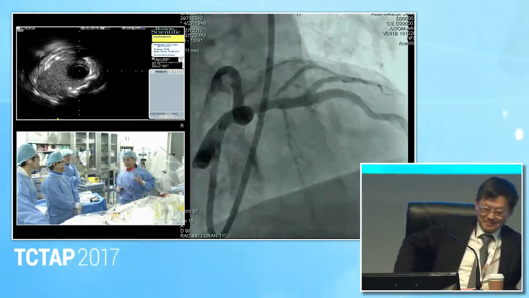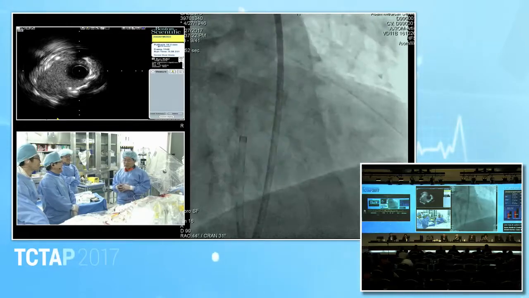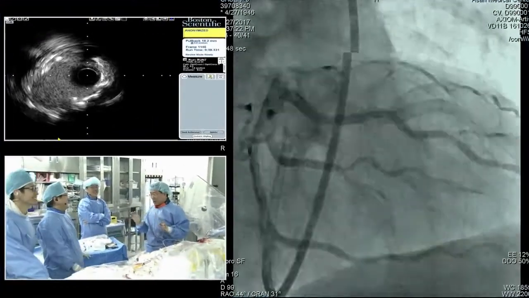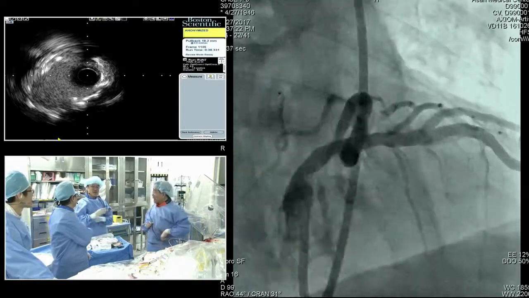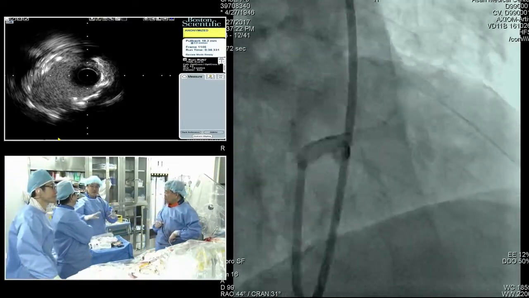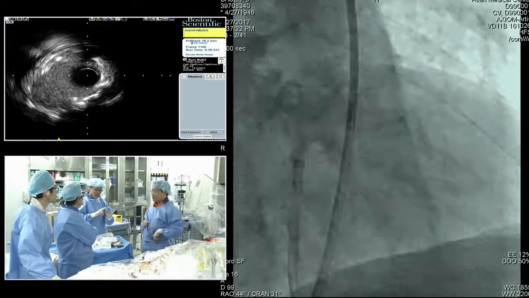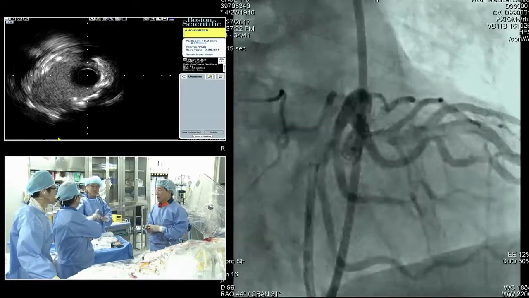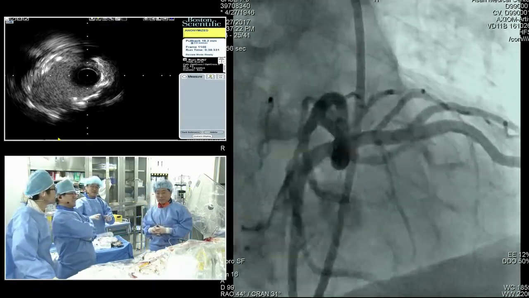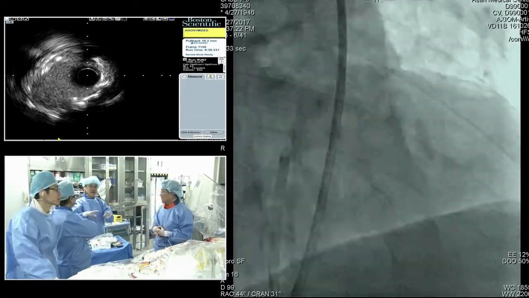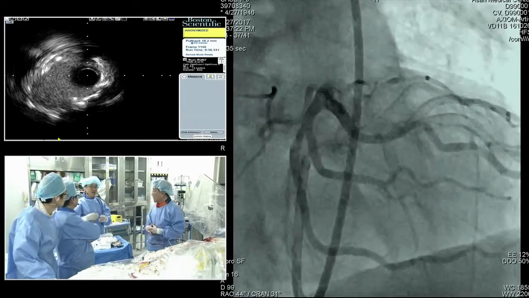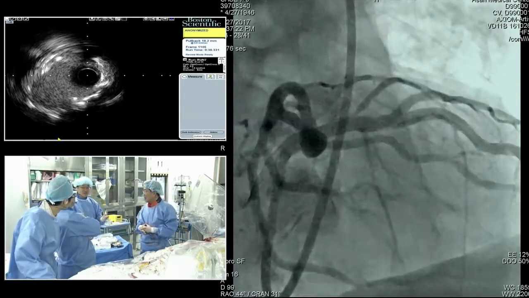In terms of the generous sponsorship, we cannot say anything, right? And we have some comparison data, real world. There's a lot of the Resolute, the Promus, Xience, and Orsiro. Some of the stents for clinical outcome was nearly same, regardless of lesion type, CTO, bifurcation, left main. I think it's a real world.